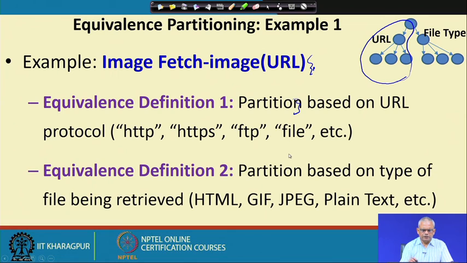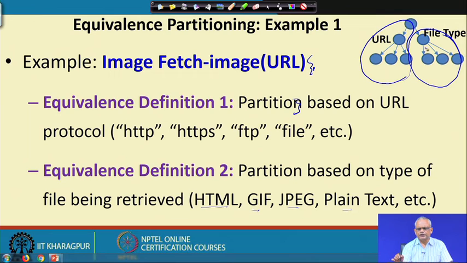So, depending on the image type, we again can define an equivalence class depending on whether it is an HTML image, GIF image, JPEG, plain text, etc. So, we have another set of equivalence classes here. I just want to make the point that based on the input, it is not that there is a single hierarchy.